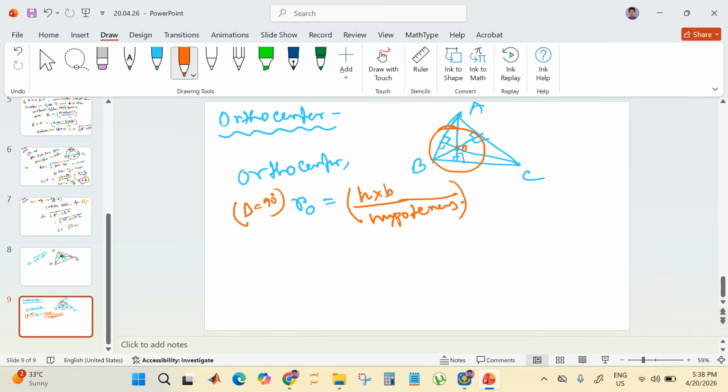So this is the formula basically. R of orthocenter equals height into base by hypotenuse. So this is the formula for orthocenter.